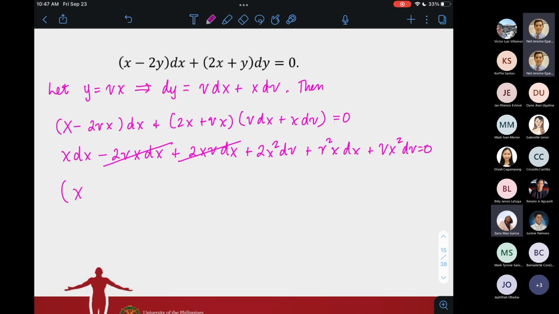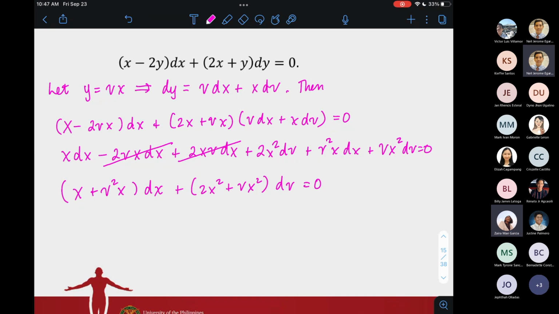So I'll have plus v squared x times dx. Tama ba? Alright. So this is already accounted for. So yung may mga dv na lang yung natira. So yung may mga dv naman, 2x squared plus vx squared, factor out si dv equal kay 0.